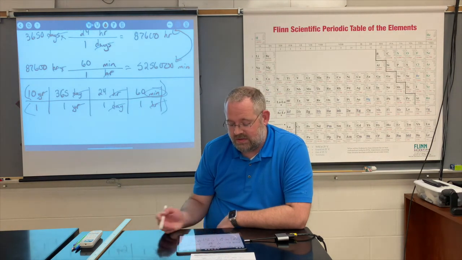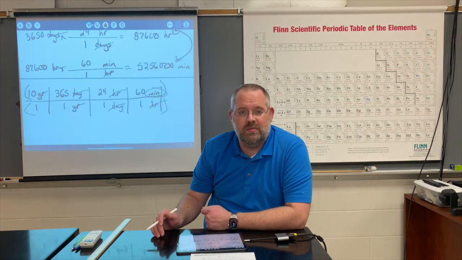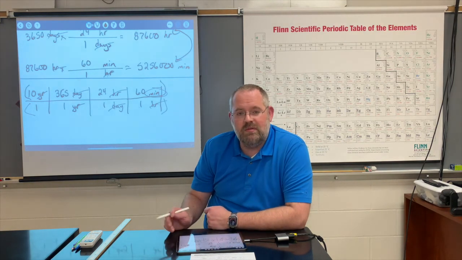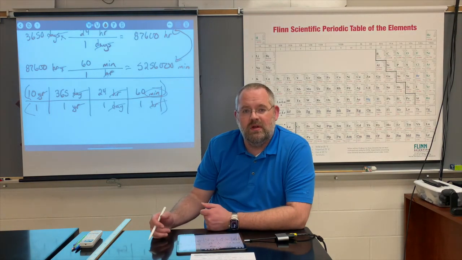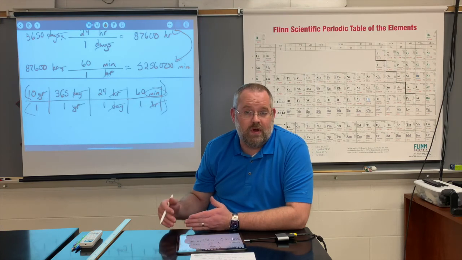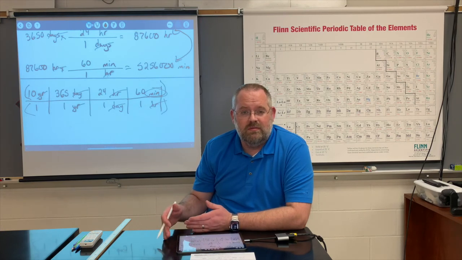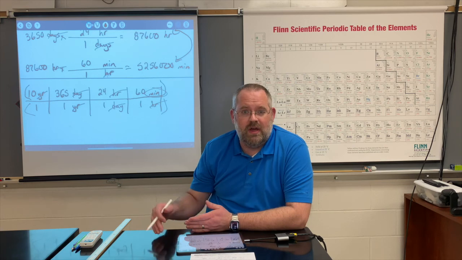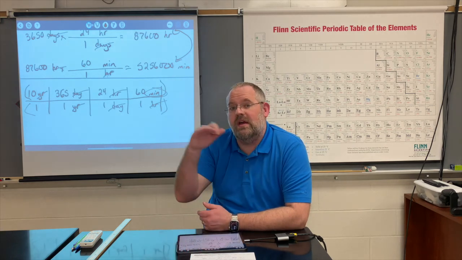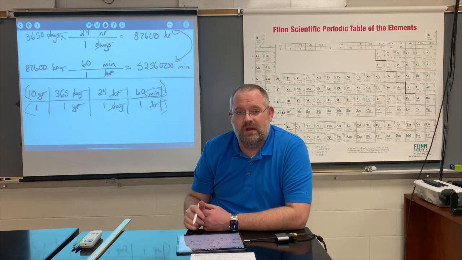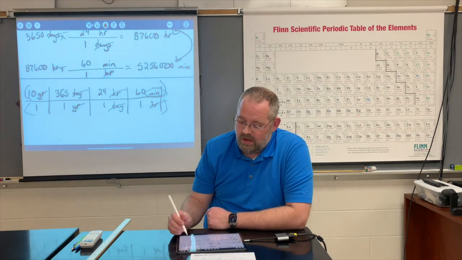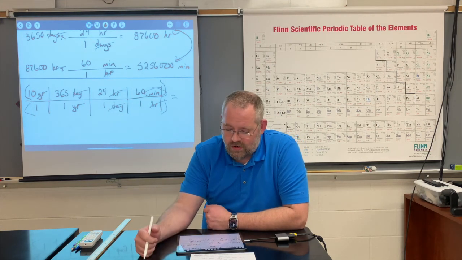In this case, the denominator is all 1, so it's not that big a deal. But sometimes you have numbers in that denominator, and you have to remember your order of operations. You can't multiply, divide, multiply, divide, multiply, divide. You have to do the entire numerator divided by the entire denominator. Okay? Overall, that's about it.